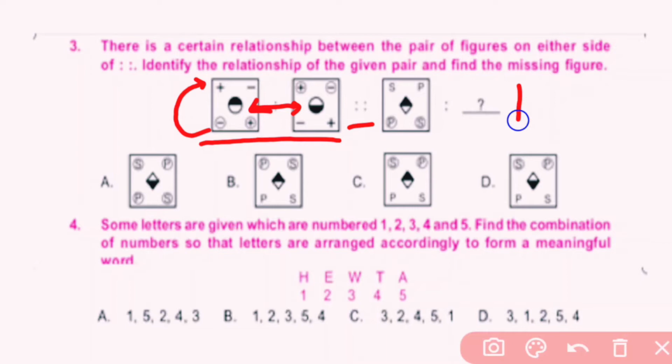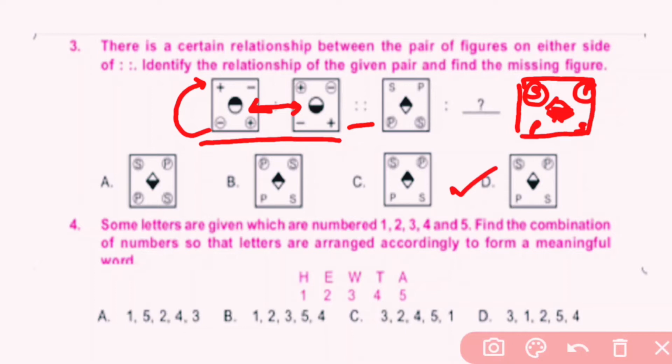So what will come here? Now shaded part will come here, and here S, P, P, S. Circles will interchange. So which is the right figure? D is the correct answer.